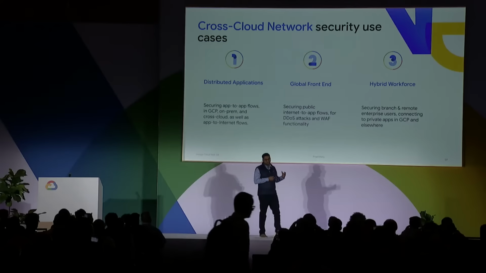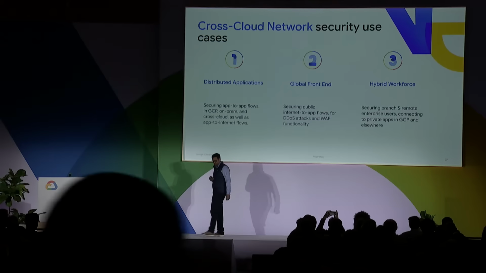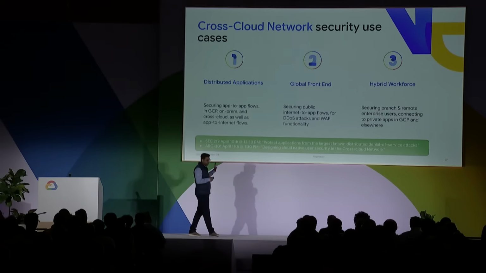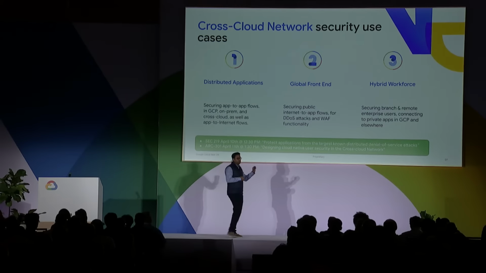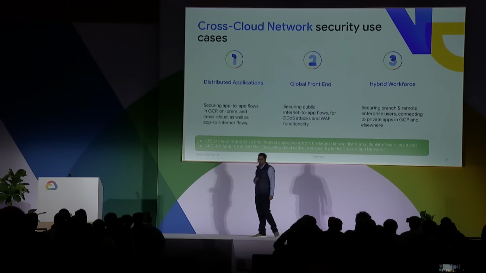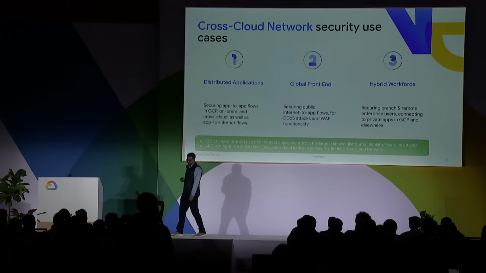And finally, you have protecting the hybrid workforce. This is securing the user-to-application communication using tech stacks like SSE, or Secure Services Edge. In this session, I'll be mainly focusing on the first use case, but please plan to attend SEC 219 and ARC 301 for more details on use case 2 and use case 3.